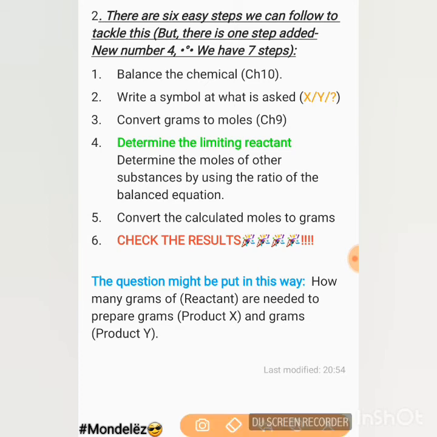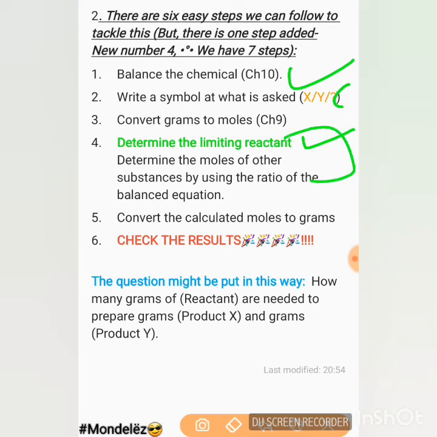So again, you balance the equation, you still do the same procedure, just that at the fourth step, that's where you determine the limiting reactant. You determine the moles of other substances by using the ratio of the balanced equation. Still the same step, but here you determine the limiting reactant.